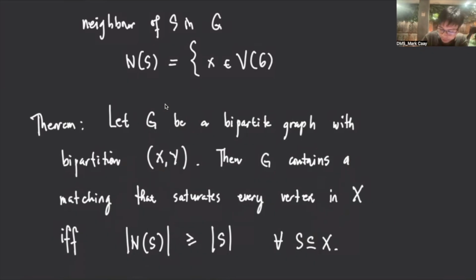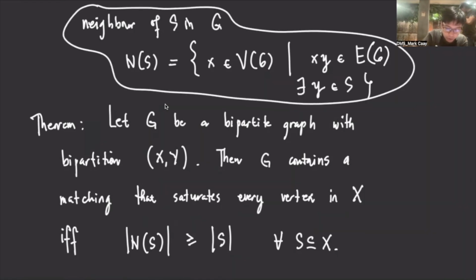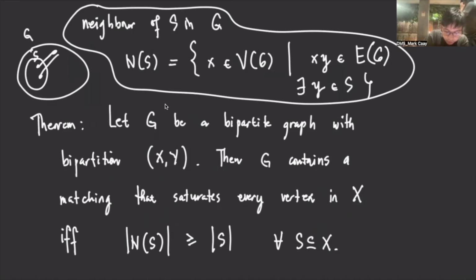Such that yung x mo is adjacent to some y, an element of the edge set of G, yung xy na pair na yon, such that yung y mo is for some y in S. So, ibig sabihin, if you have this set G, so you have your S, ang mga neighborhood mo is the set of all vertices such that adjacent siya dito sa loob. So, these are the neighbors.